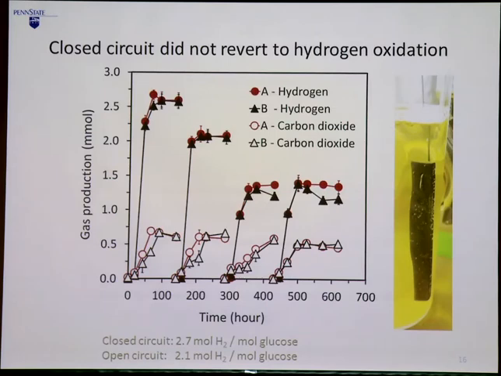The significant hydrogen production usually occurs on the 2nd day of each batch, and before cycle 3, groups A and B showed similar performance.